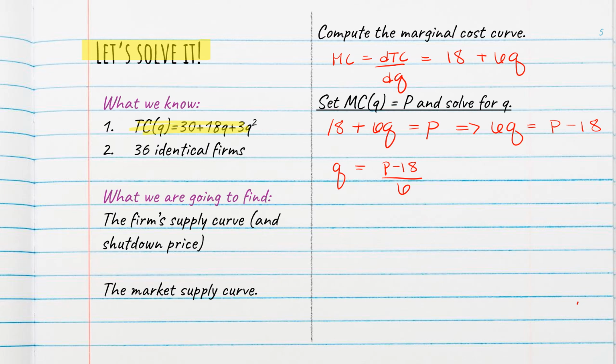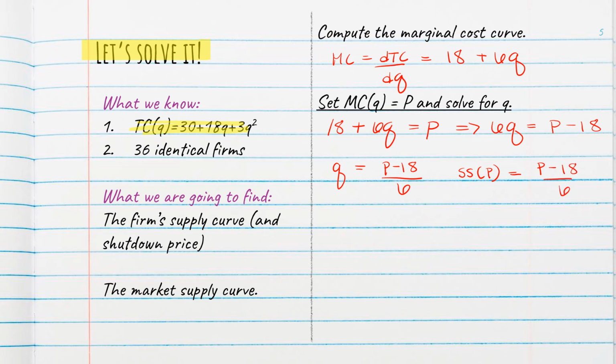Typically in this class, we update our notation a little bit, and rather than saying Q is equal to (P minus 18) over 6, we're going to write this as s_s of P, where these are lowercase s's, and it's indicating the short-run supply of the firm, is equal to (P minus 18) over 6.